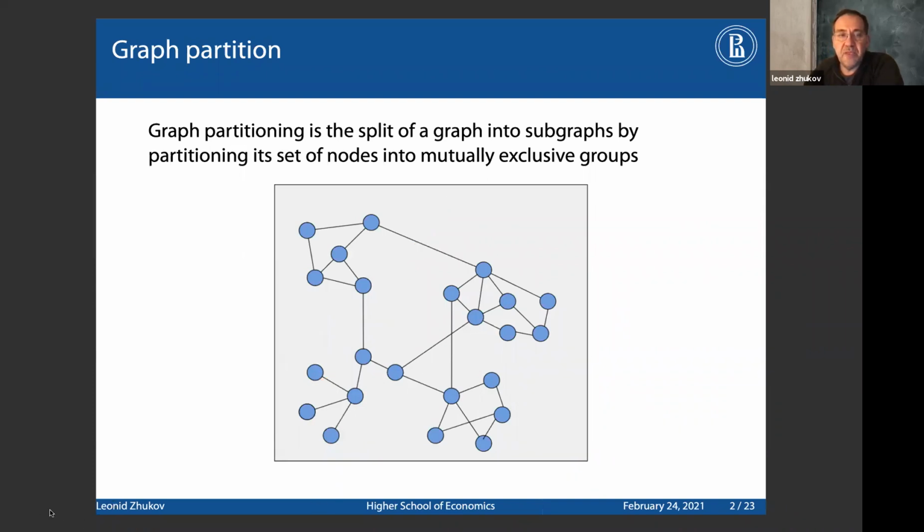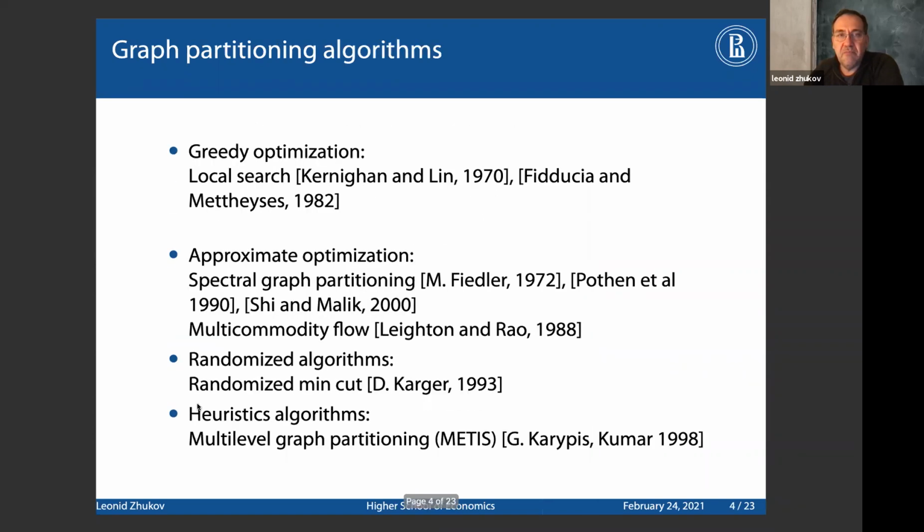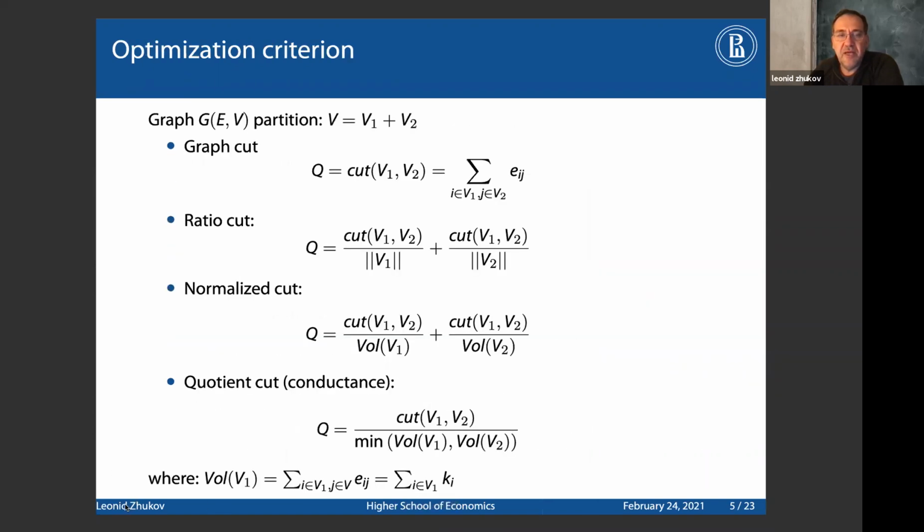Looking at the formulas, you realize that normalized cut, instead of just optimizing the size of the cut, optimizes the size of the cut divided by the volume, which is the number of emanating edges. So it tries to balance it. And so this is a much better function to optimize. All right.